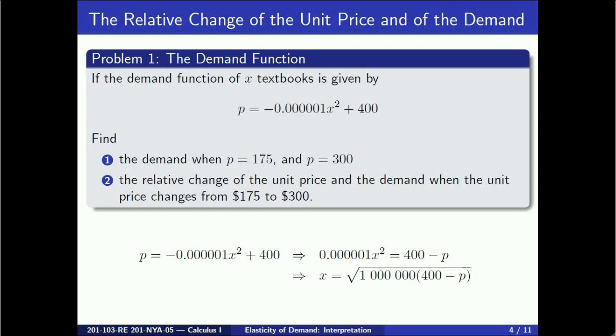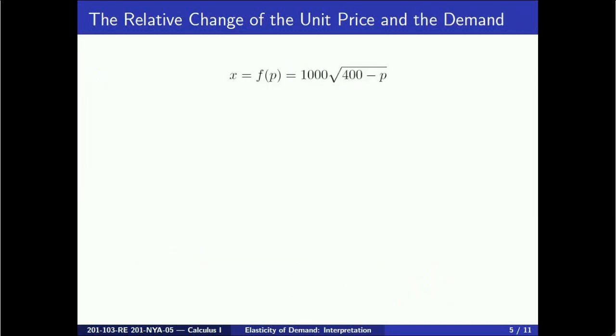But 1 million is a perfect square. It's 1,000 squared. So pulling 1 million outside of the square root gives that X is 1,000 times the square root of (400 minus P). Therefore, X is a function of P, and we can call that function F. So X is F of P. With X equals F of P in hand, we can find the demand for any unit price.